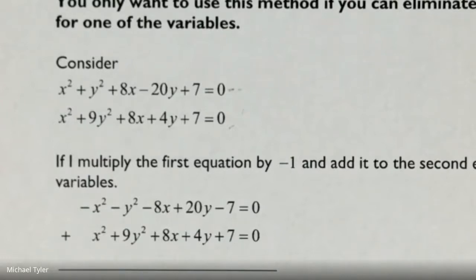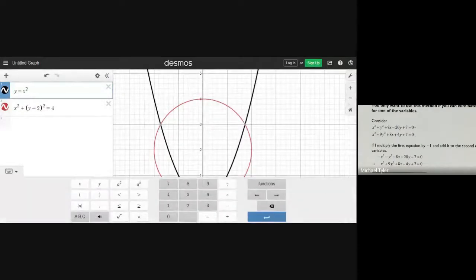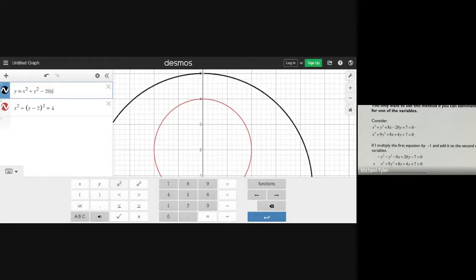We're going to go ahead and put this into decimals. There we go. I always want to hit the wrong tab. There we go. Okay. So this is the last problem here, all right? So that one's going to be x squared plus y squared minus 20y plus 7. Okay. All right.